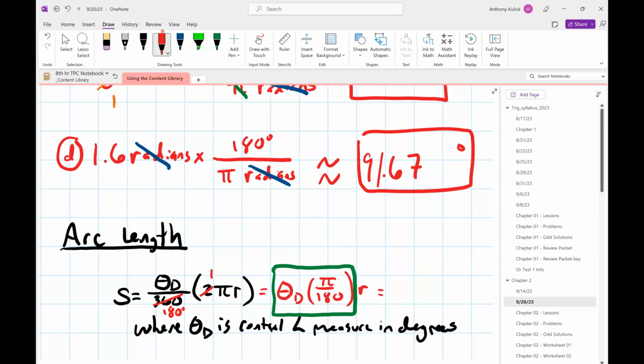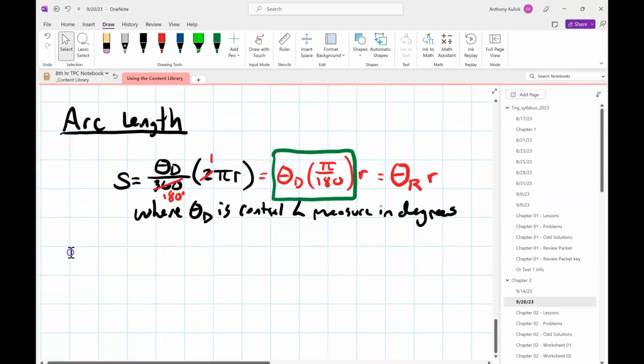An angle measured in radians. That's exactly right. So that's a lovely improvement, right? We went from this big complicated formula down to just the angle measured in radians times r.